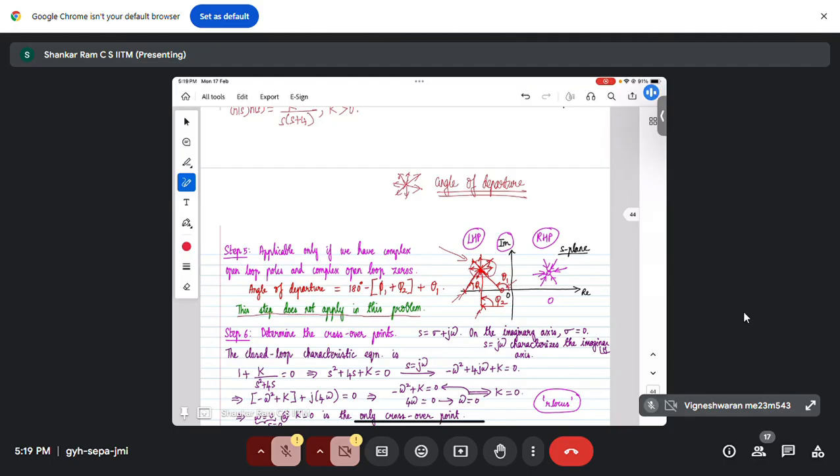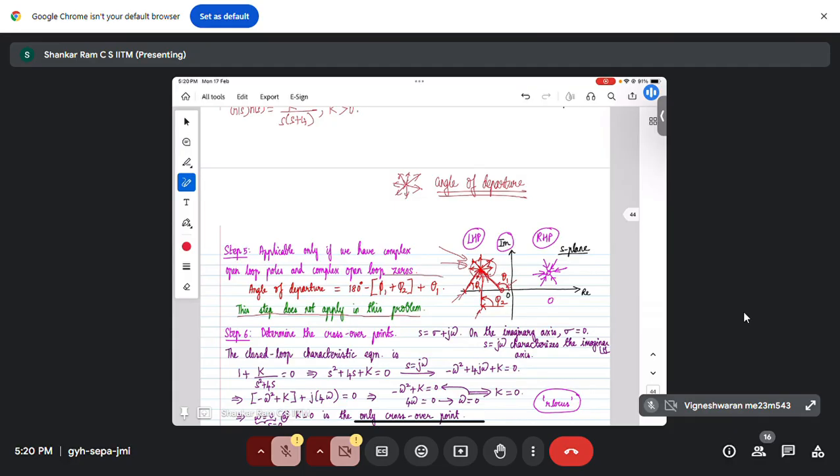We draw one vector which makes an angle phi1, and another vector which makes an angle phi2. Then from this open loop zero, we draw another vector which makes an angle theta1 with the real axis. Now, all these angles should satisfy the angle condition in the direction in which the branch starts from the complex open loop pole, which is here.